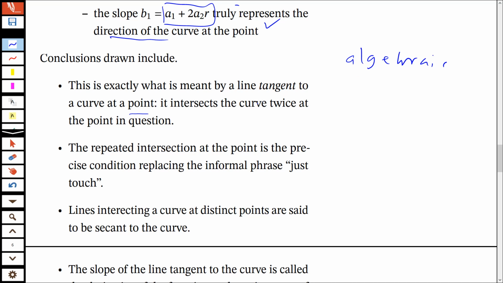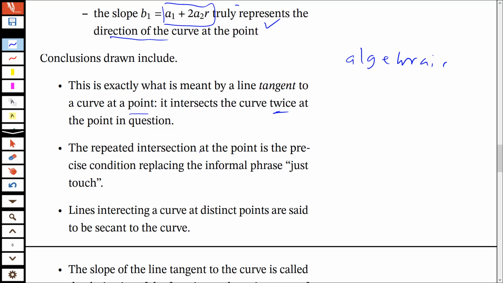What we mean by a tangent line to a curve at a point is a line that intersects the curve twice at the point in question.